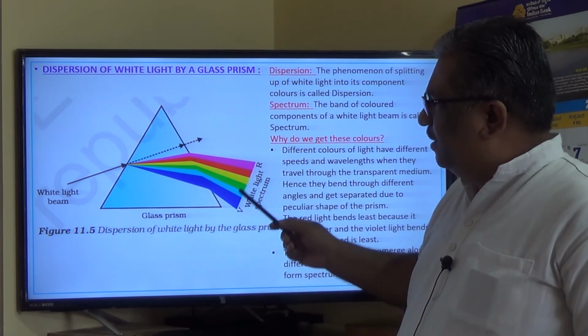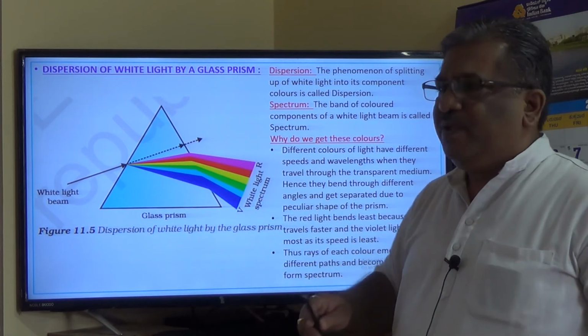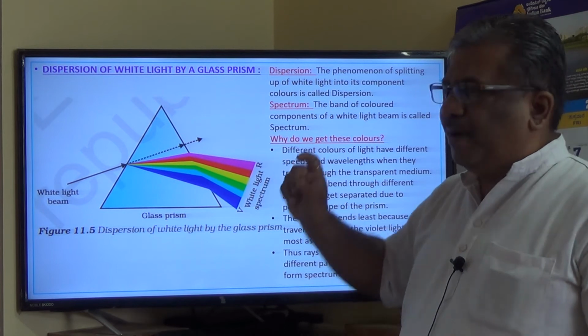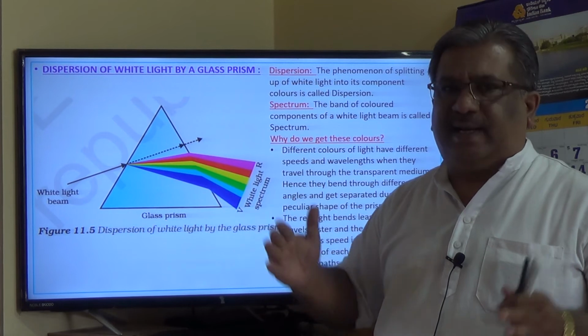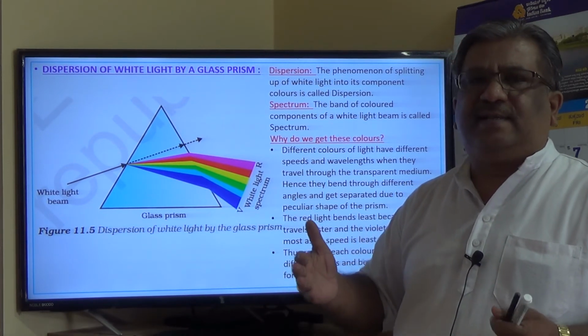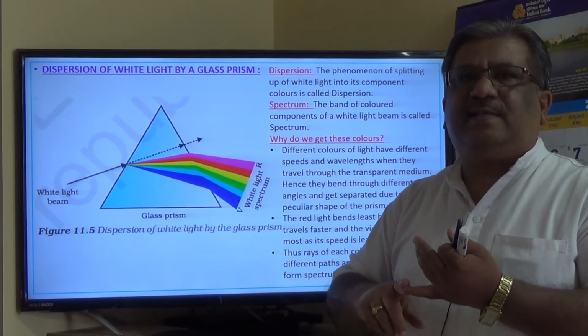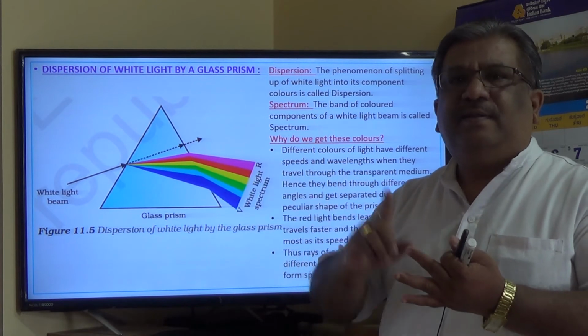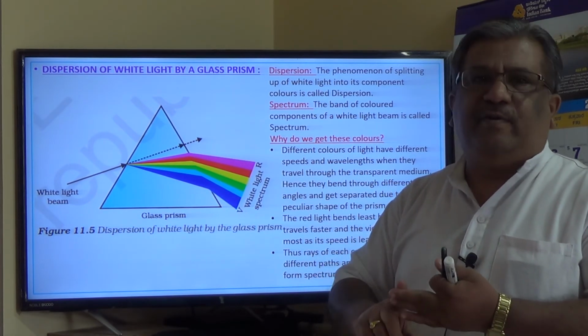the visible colors which we are seeing are called the visible spectrum of white light, which is a small part of the entire electromagnetic spectrum. The entire electromagnetic spectrum consists of gamma rays, X-rays, ultraviolet rays, then the visible spectrum, then infrared rays, microwaves, and then radio waves.